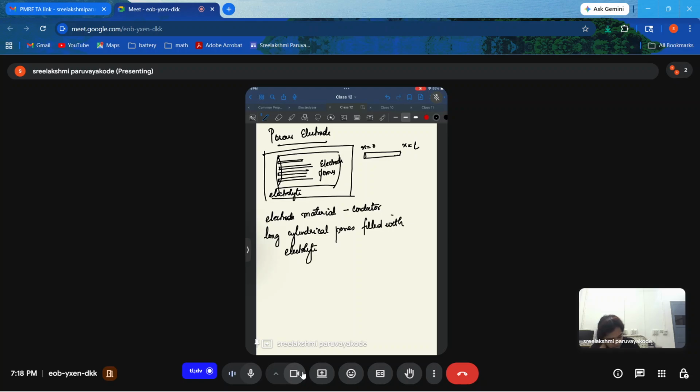Now we are considering this as a single pore, okay? And x equal to 0 and x equal to L. So here x equal to 0 is at the electrode surface, and x equal to L is the other end of the pore, which is inside the electrode.